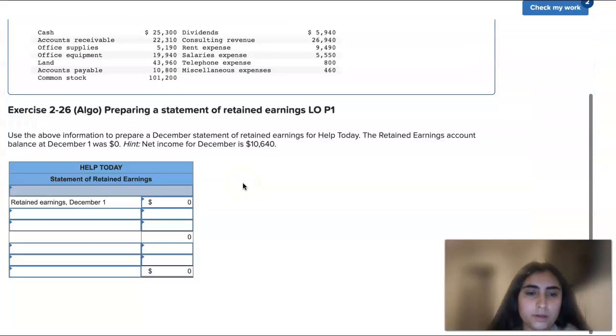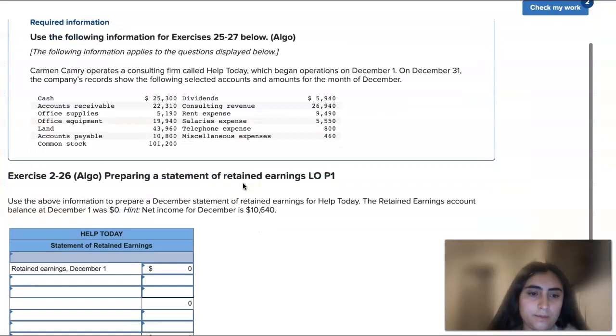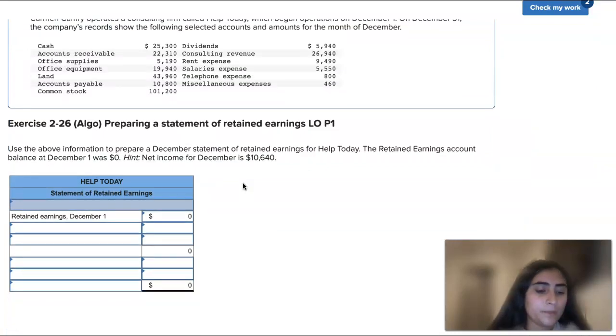Now we're going to do the statement of retained earnings. The statement of retained earnings shows how much earnings a company has accumulated and kept in the company since inception. So it's pretty much what you have left at the end.